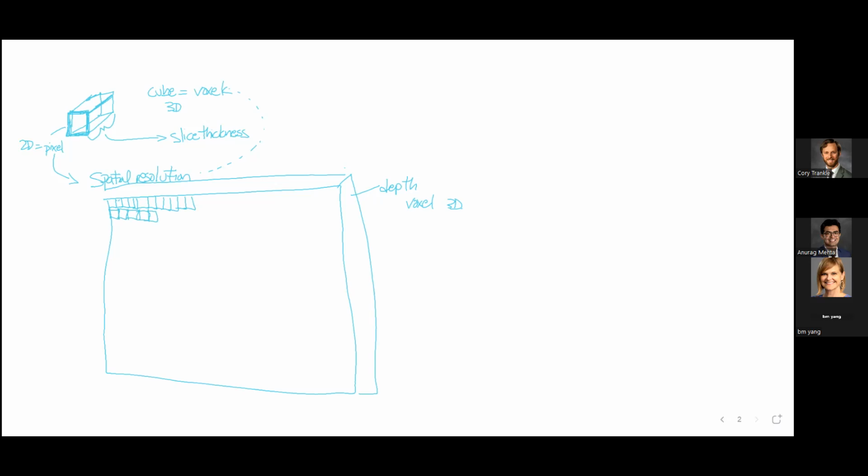So how do we set the spatial resolution of our picture? One thing that's kind of unique for this technology is that every time you start to do a scan, you're running a computer program.